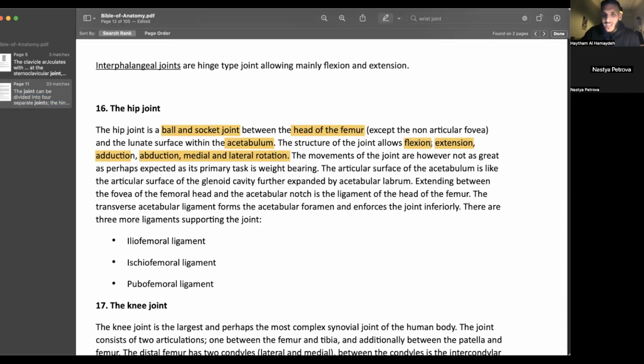When he asks you in the test what movements are allowed in ball and socket, these are the things you should say. So please write them down. The ball and socket joint allows for flexion, extension, adduction, abduction, medial and lateral rotation.